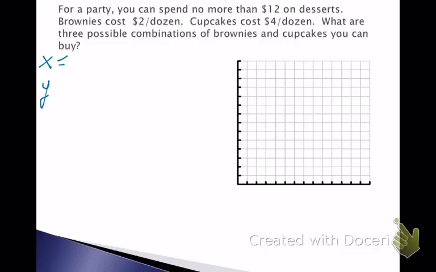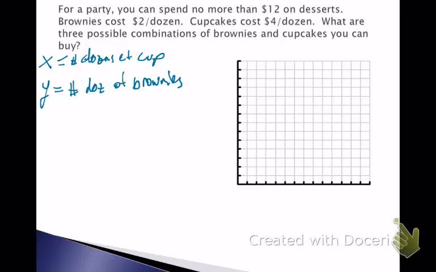X can be the number of dozens of cupcakes, and Y can be the number of dozens of brownies. It doesn't really matter. One doesn't depend on the other. So X and Y doesn't really matter a whole lot.